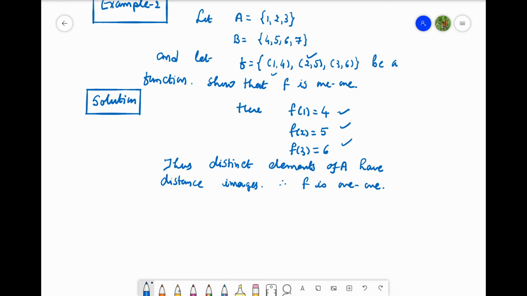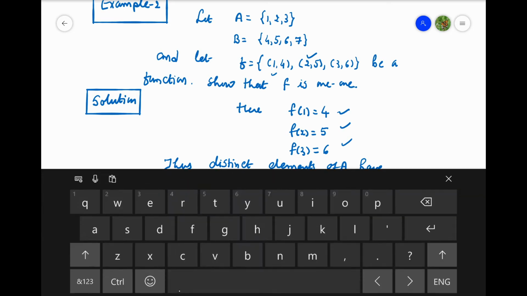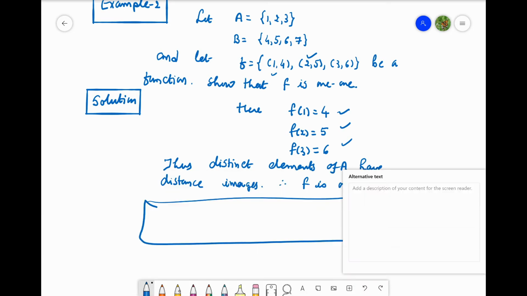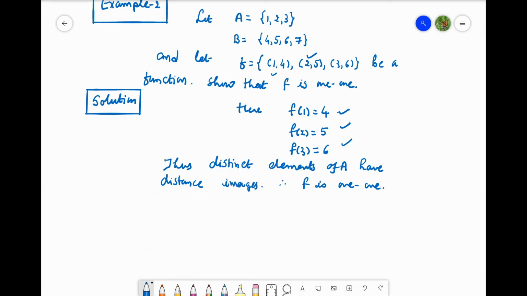Here we can also check whether it is onto or not, because if we find the range of this function, the range of f is the set of second elements, 4, 5, 6.